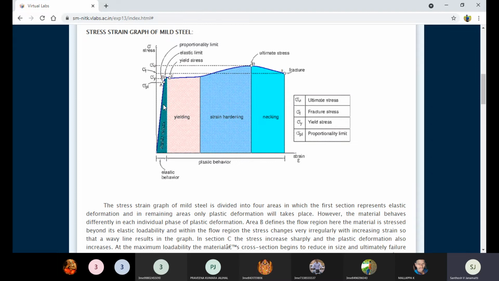The yield load is also important for us, because it is the beginning stage of the plastic stage, which is very important for engineering purposes. However, the stiffness value of the engineering material is also very important for engineering purposes. So people first find the stiffness value of the engineering material, and thereafter they find the yield value.